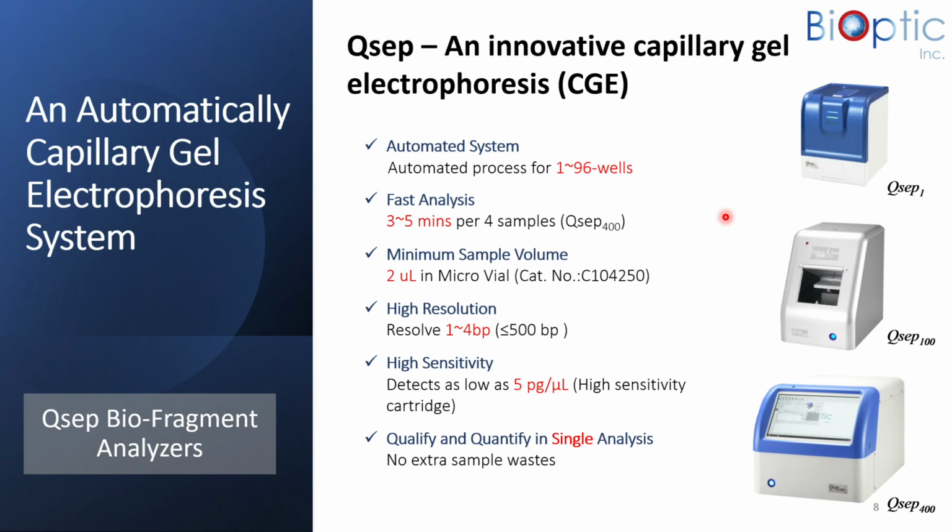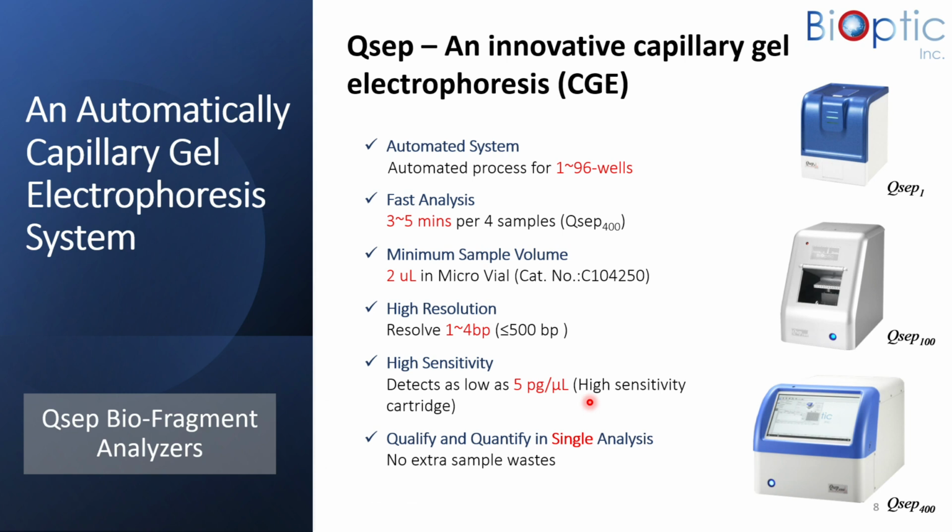QSAP is an automatic system that can process 1 to 96 samples without gel preparation and manual sample loading. And all analysis can be completed in few minutes with low sample consumption and good performance, high resolution, and high sensitivity. QSAP can resolve 1 to 4 BP and detect 5 picogram per microliter samples.